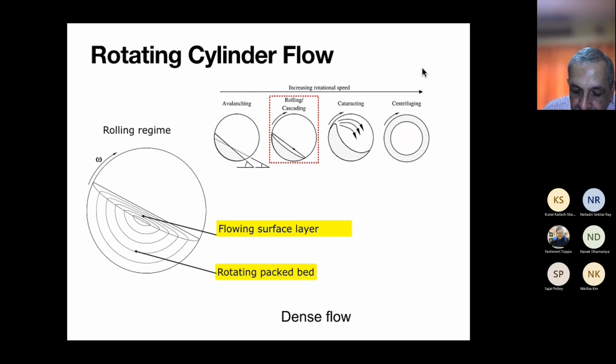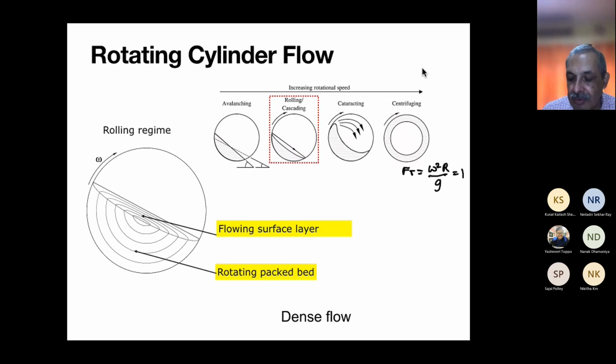And then you go to even higher speeds, then there's cataracting. So because of the inertia, the particles get thrown out and they fall like this. And at the highest speed, there's centrifuging where all the particles are just stuck to the walls. And we saw that in this case, you must have the Froude number, which is omega squared r by g, equal to 1.